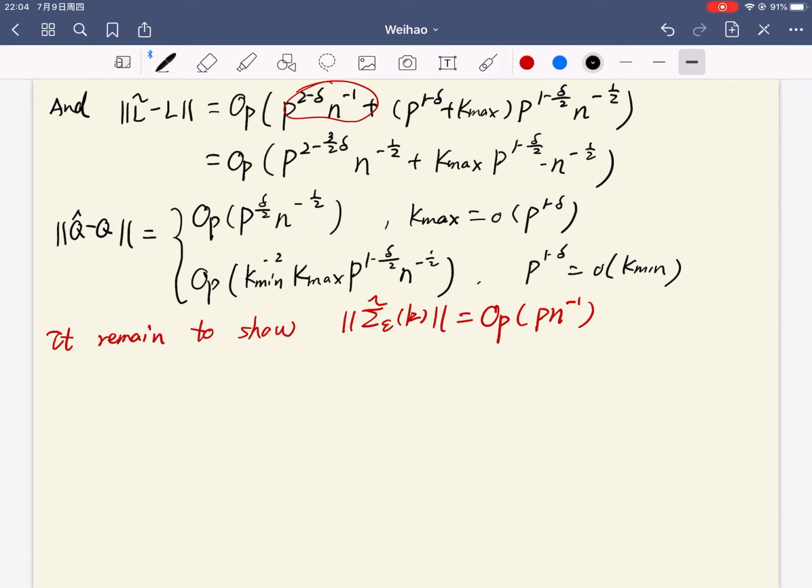Let's define some notation first. Still, we put some column vectors together to get a matrix. And this is a column vector of 1.